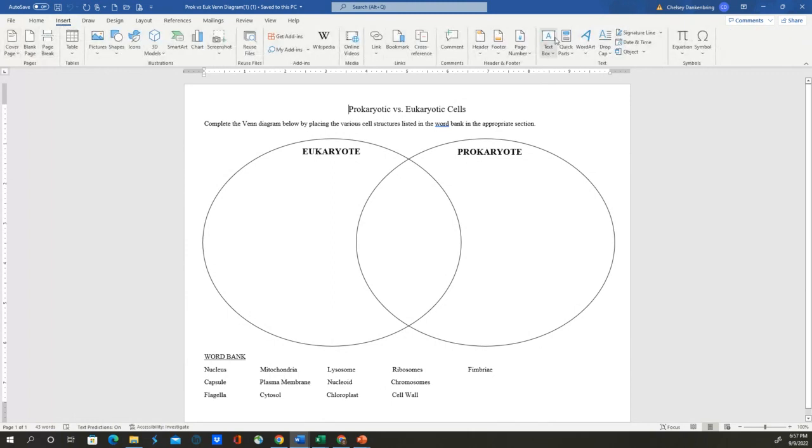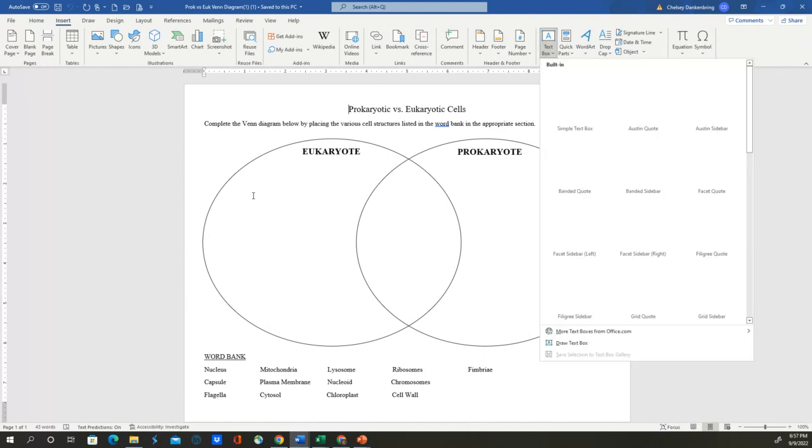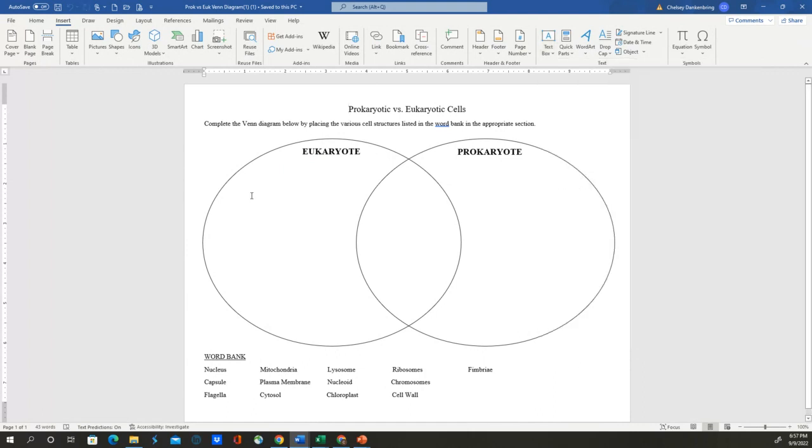And so if you look, trying to get this in here, now it's going way too slow. Why is Word being cuckoo birds? Okay, well, I'll just tell you. So the mitochondria, the lysosome, and the chloroplast are all organelles. So for a eukaryote, you should have nucleus, mitochondria, lysosome, and chloroplast.